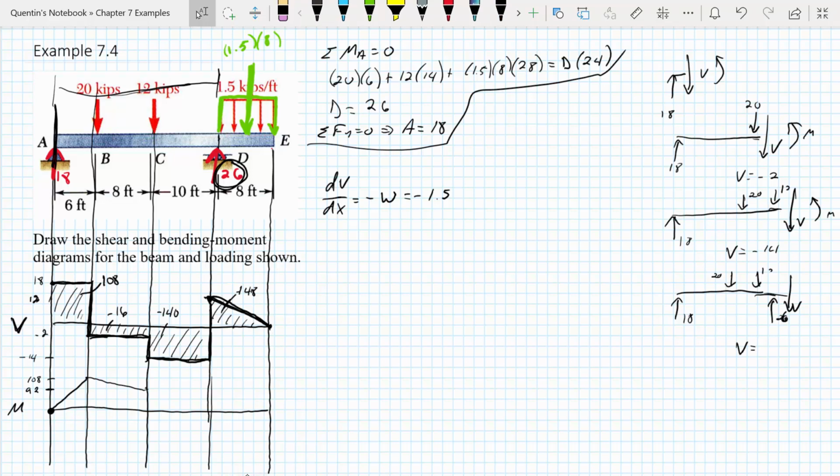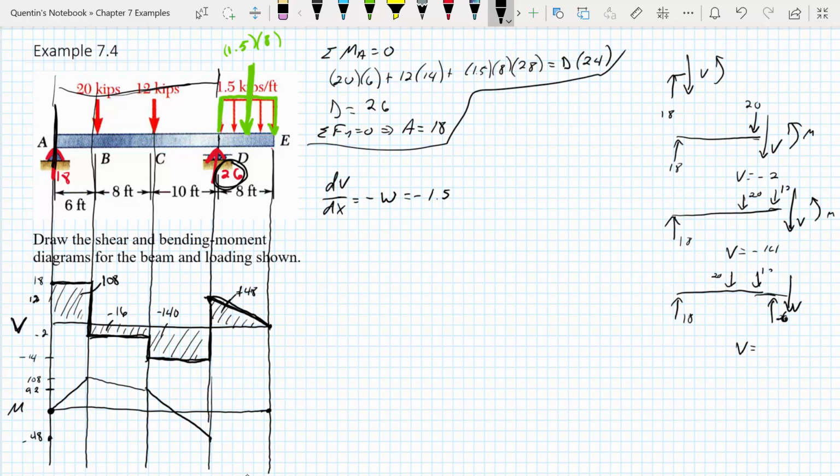And then it drops by 140, so it's going to go down to minus 48. Straight line down to minus 48, kind of there-ish. And then it goes up by 48, so it's going to end at 0.